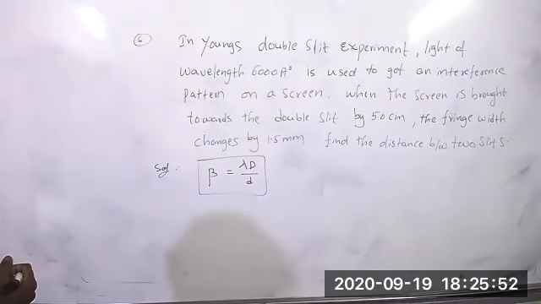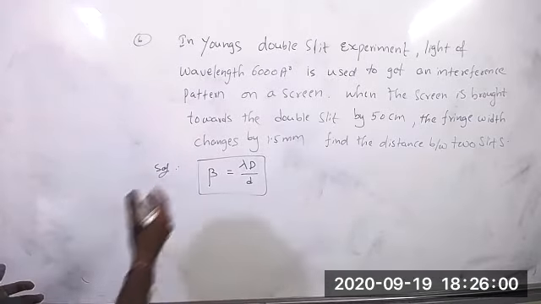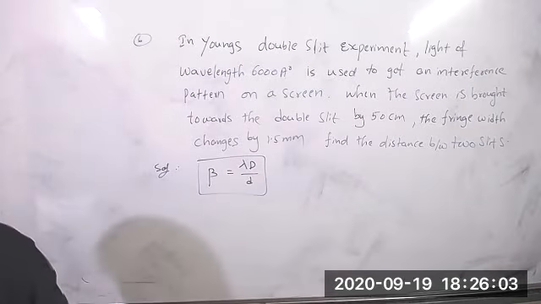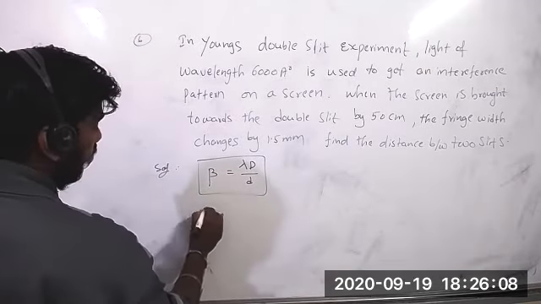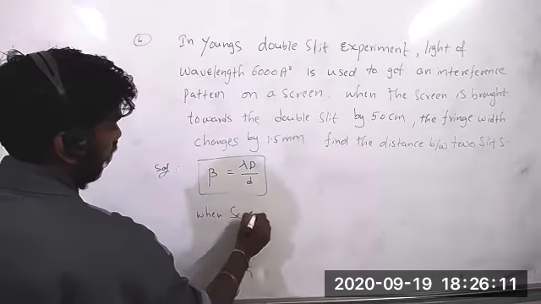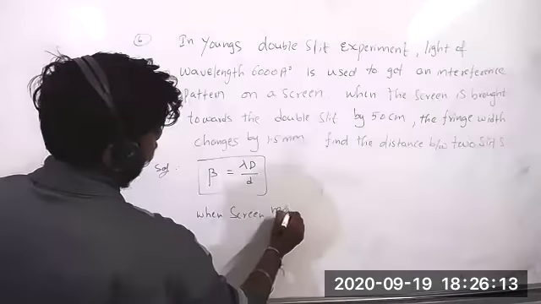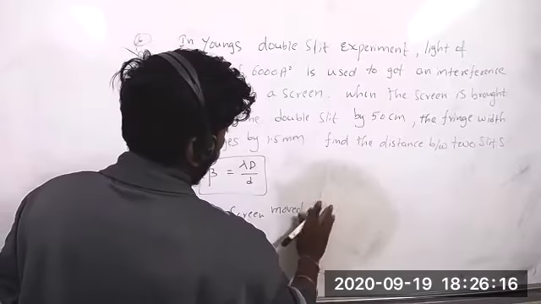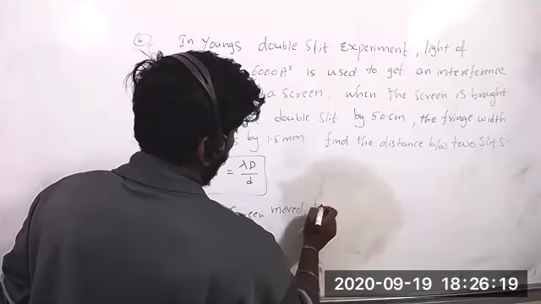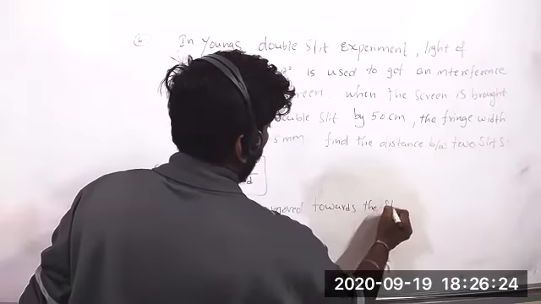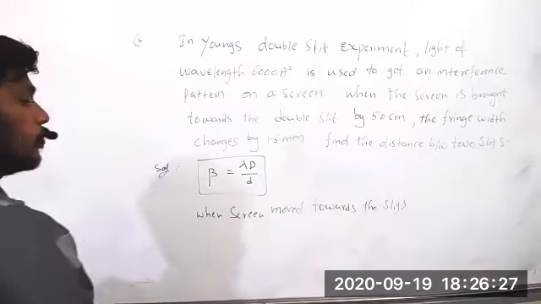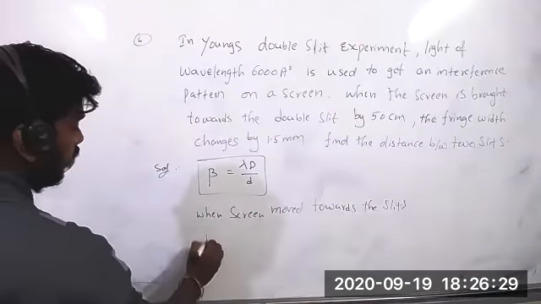Now what they have given: the fringe width is changing by 1.5 millimeter. The screen is moving towards the double slit, so this distance is also decreasing. When the screen is moved towards the slits, what is happening?